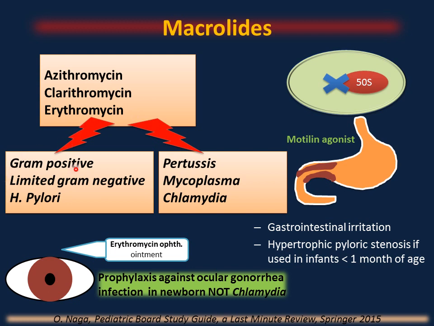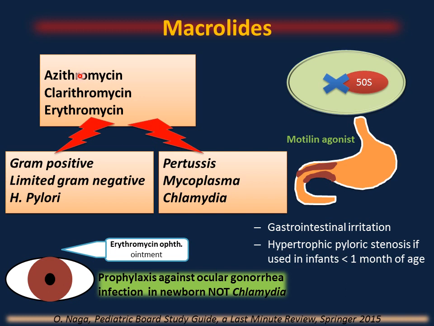They cover gram-positive like penicillin, and they have limited gram-negative coverage, and they cover for Helicobacter pylori, especially clarithromycin. This is what we use all the time for gastric ulcer and gastritis, in combination with amoxicillin: clarithromycin and amoxicillin for Helicobacter pylori. The special and unique thing about macrolides is they cover for atypical bacteria, not like penicillin. They cover for pertussis, mycoplasma, chlamydia.